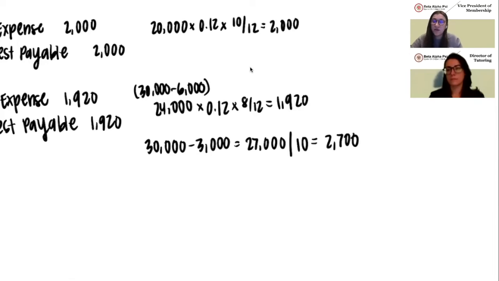But they got the equipment on May 1st, so they should not be depreciating a full year of equipment. So we also need to multiply this by 8 out of 12, and we'll get 1,800 for this year.